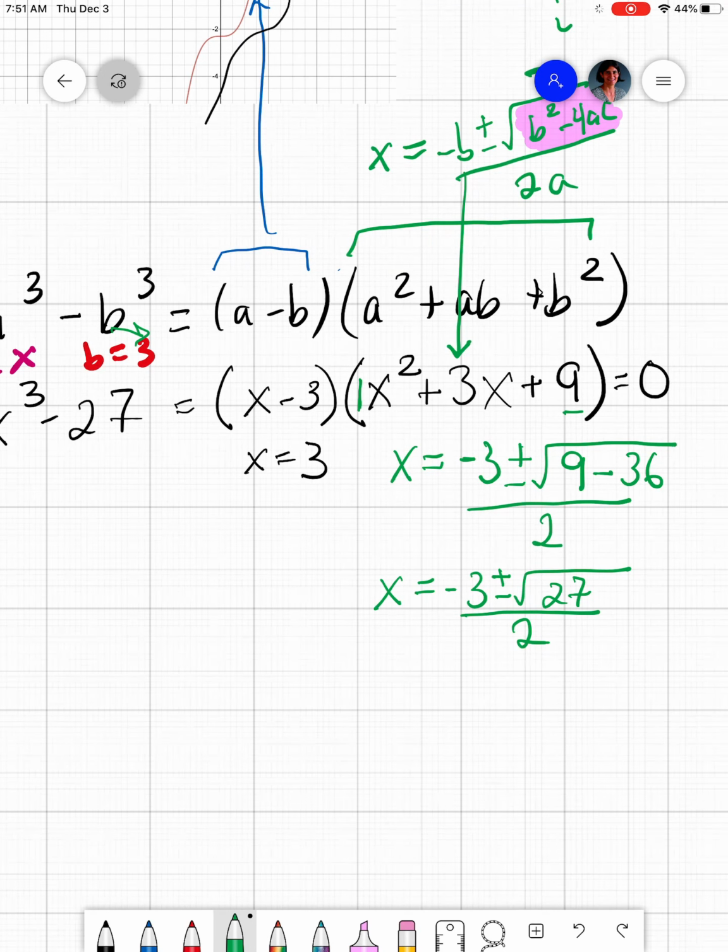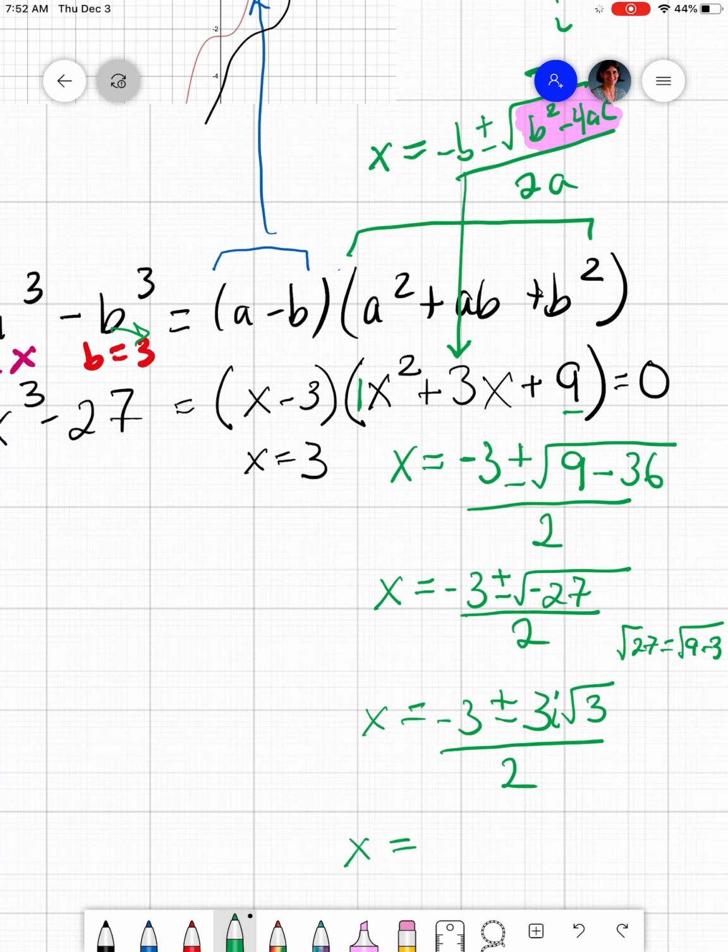Now we just have to remember how we reduce things. We have negative 3 plus or minus the square root of negative 27. The square root of 27 equals the square root of 9 times 3, and the square root of 9 is 3. Since it's negative 27, I'm going to have an i there for the negative 1, and this 3 still stays inside the square root, all divided by 2.